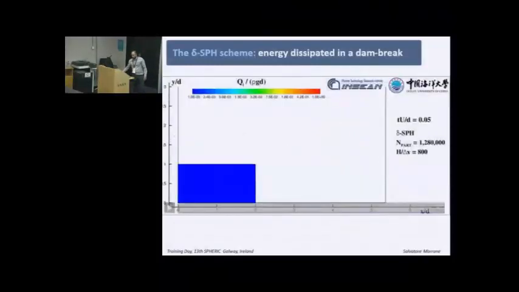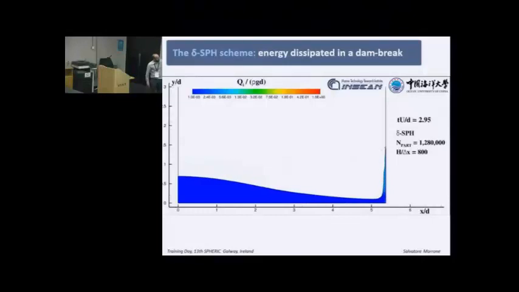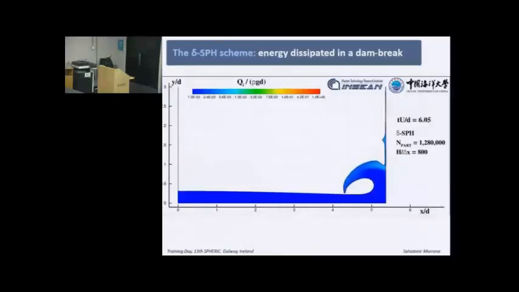So it's interesting to see how this term works inside, for example, a dam break flow. I will show you here the evolution of the internal energy, of the dissipated energy inside the flow. So you can see that for now, there is practically no dissipation of energy because the flow is practically potential.